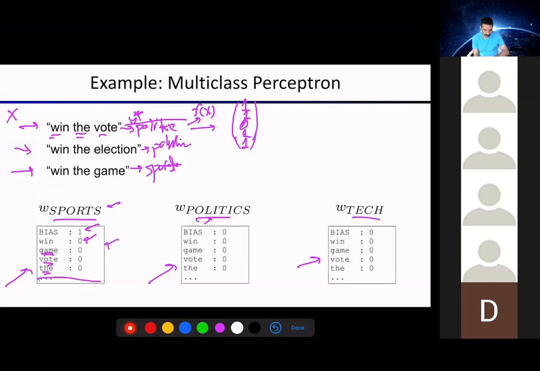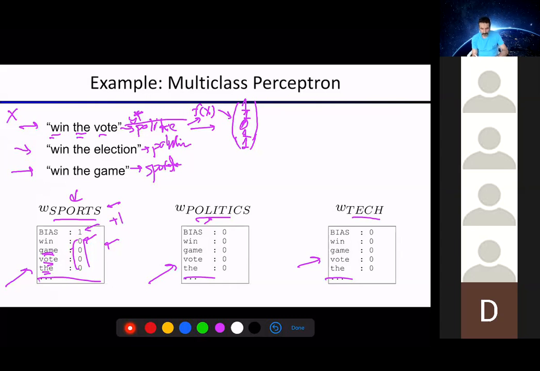Let's assume that we don't have this, right? And this is, again, f of x for the first example that we have. And when we do the inner product with this vector, so it is 1, the rest are 0, so it produces plus 1 for this weight vector.